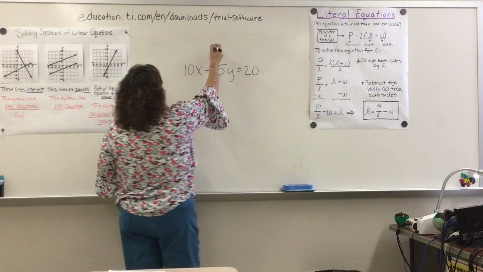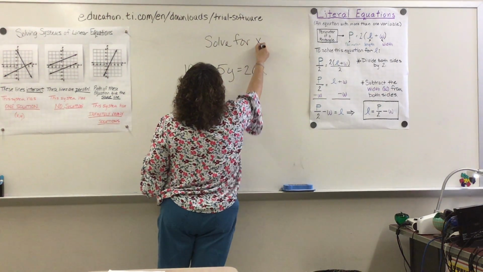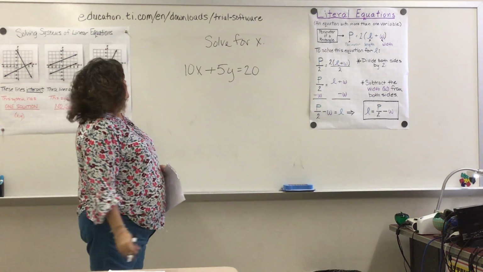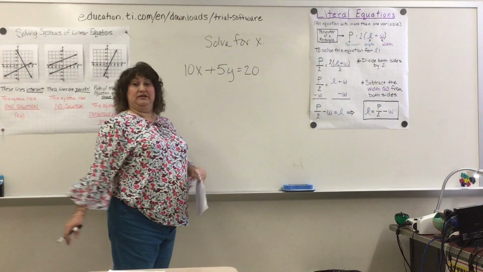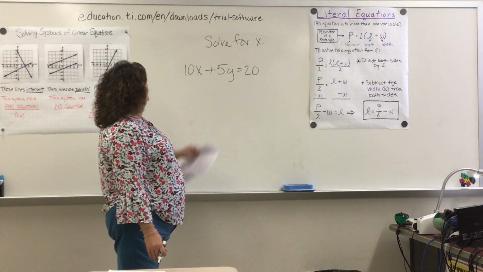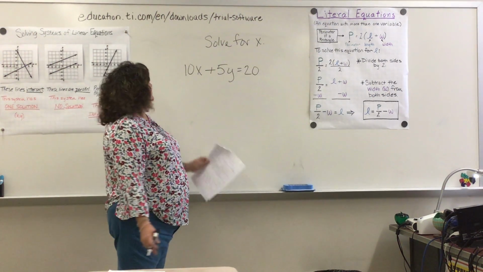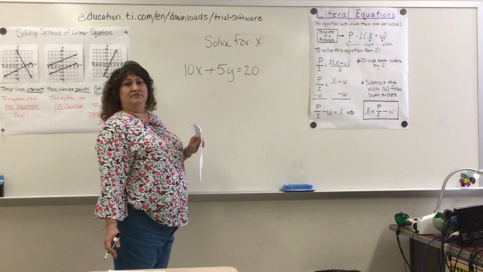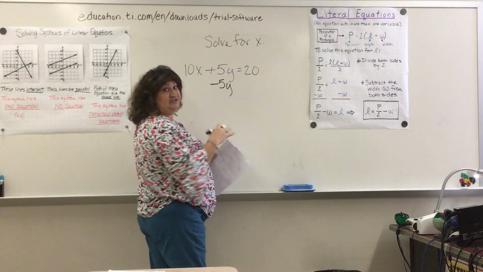And I said, I want you to solve this equation for x, okay? So that means I need x all by itself. And that's going to take some finagling. So first thing I want to do is get rid of this 5y. And 5y is just a number, right? So if it's added on this side, to undo it, I would just subtract it. But I've subtracted from both sides.